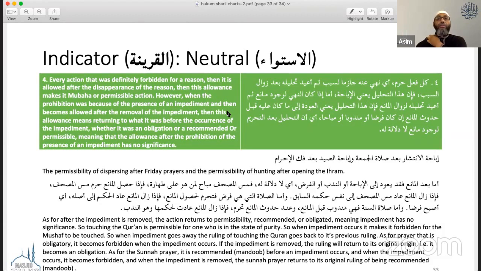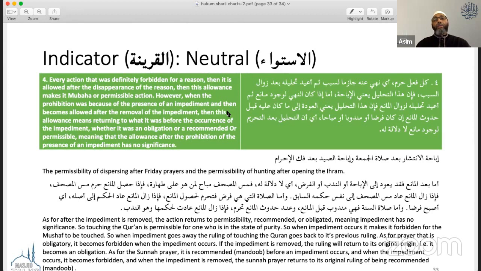When the cause is not there, then the hukum is not there anymore. So the hukum appears because of the cause. While in the case of the impediment, or the mani', that is the reverse. The impediment makes the hukum disappear.